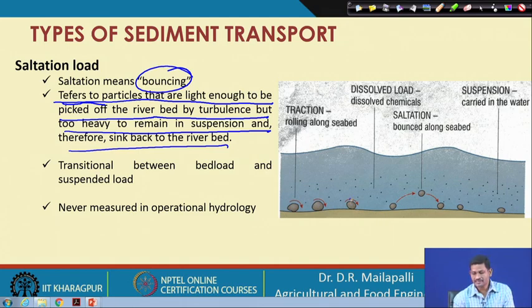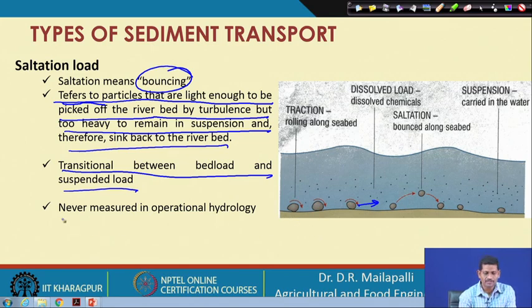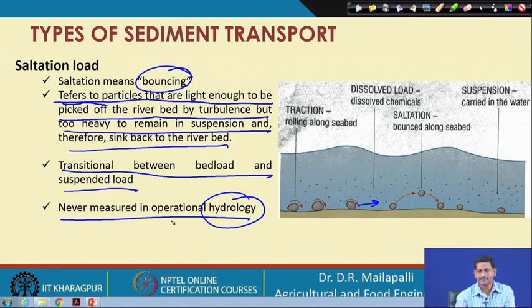So that's the reason it will be staying on the ground, and just rolls. So this is the transition between bed load and suspended load. So suppose if there is too much turbulence, this will be lifted up, but because of heaviness, it will again come down. So this is never measured in hydrology.